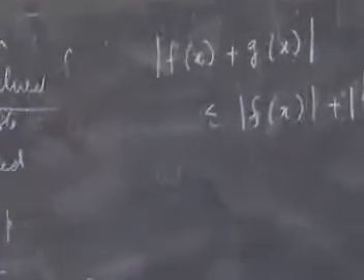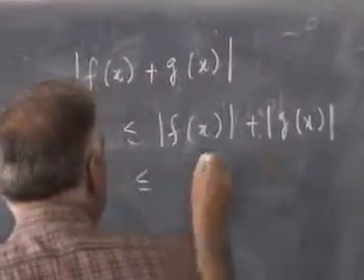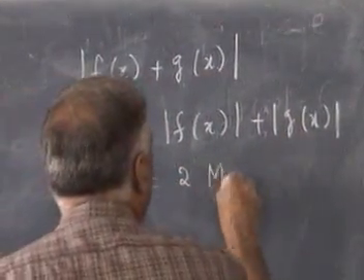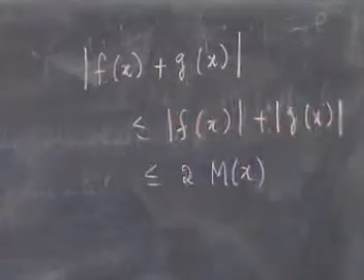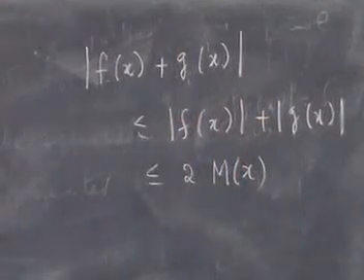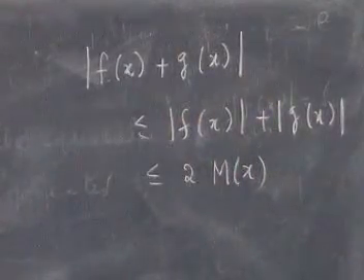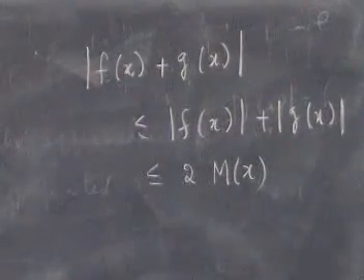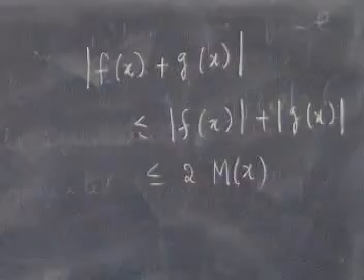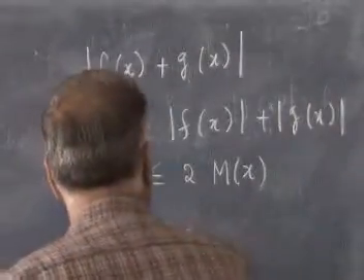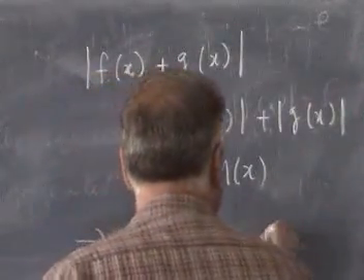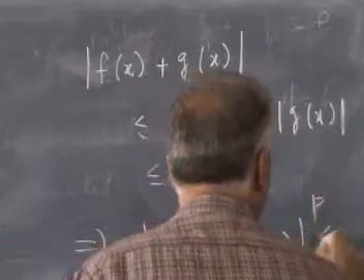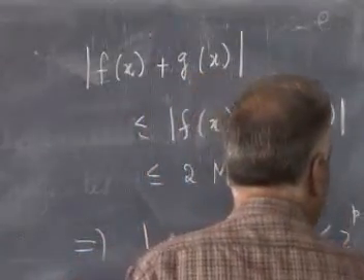But mod fx is less than or equal to mx, and mod gx is also less than or equal to mx, so it is twice mx. Mx is non-negative, so I don't have to put a modulus for that. It is the maximum of fx and gx, so anybody is less than or equal to the maximum. And therefore, mod fx plus gx to the power of p is less than or equal to 2 to the power of p mx to the power of p.